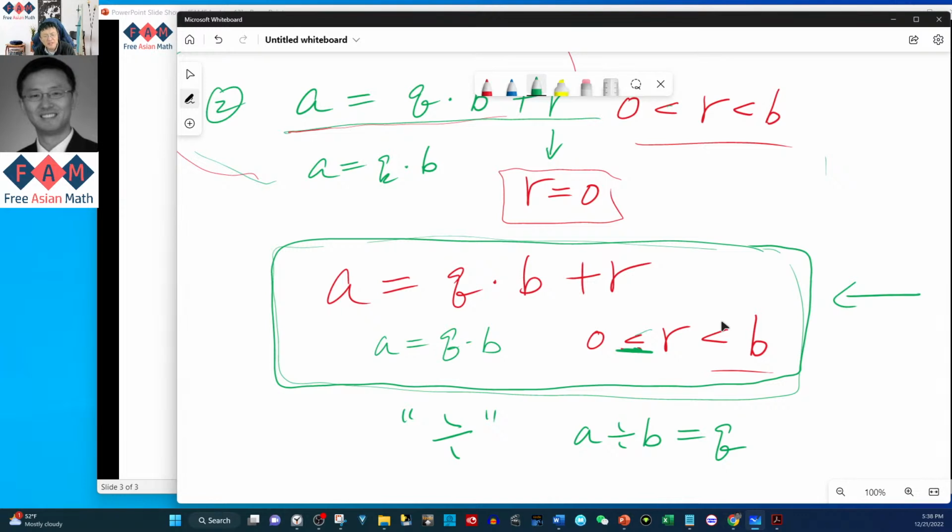Division should give us a single number as the result, while division with remainder is the result that we know that cannot happen. We cannot just get a single number to meet our goal. We have to come up with two numbers. One is the quotient, one is the remainder.